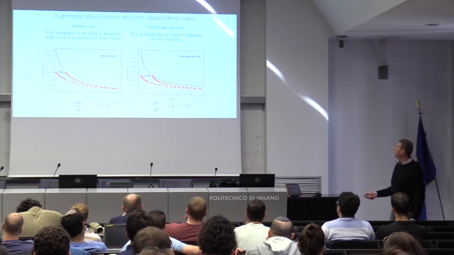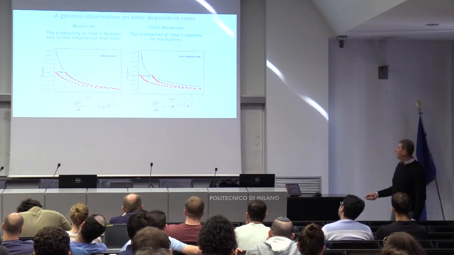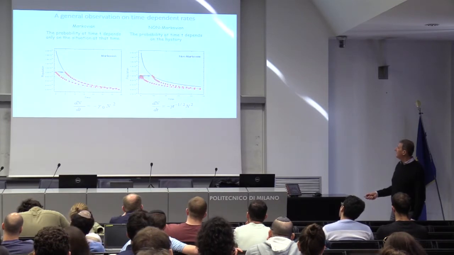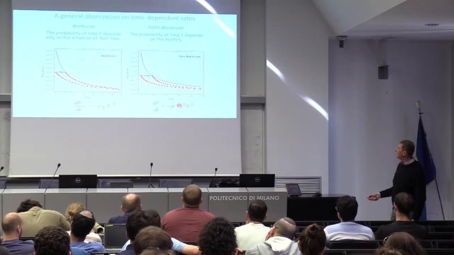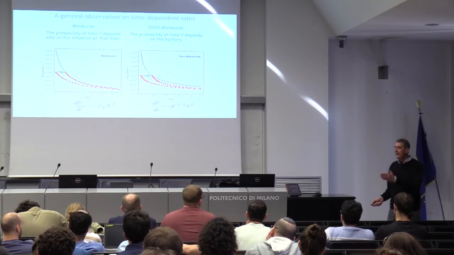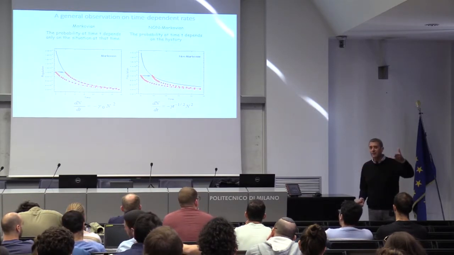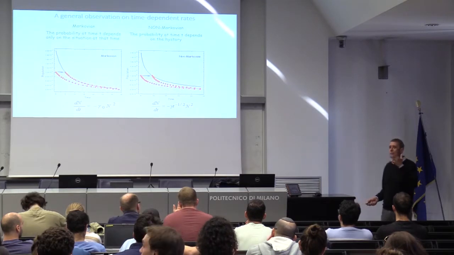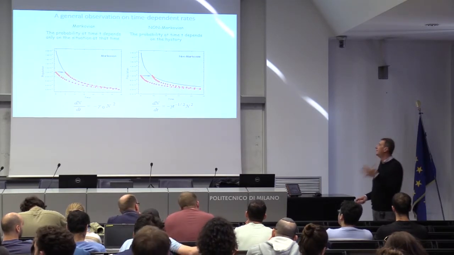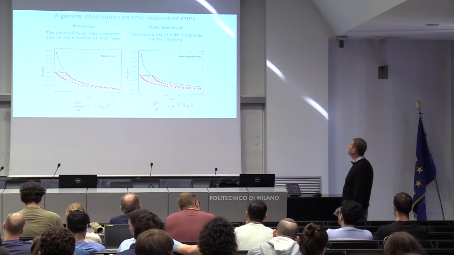So here it is slower and here it is faster, but the density is the same, the population is the same. The reason is that because it is non-Markovian, there is this time here, and this time is a clock, measuring from t equals 0, right? So it is a difference. It's not just depending on the population, it's depending on the history of the system. So that's an interesting observation.